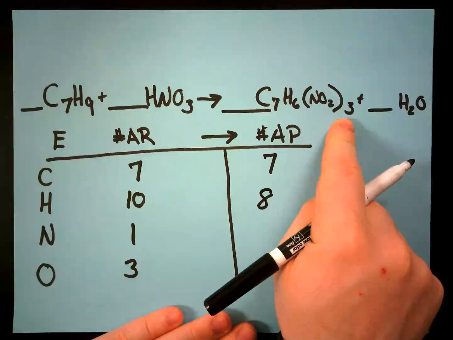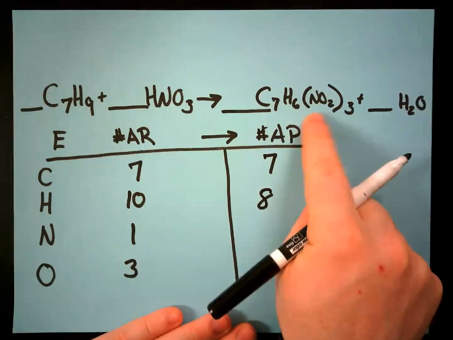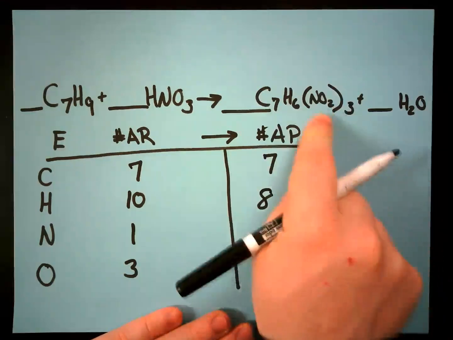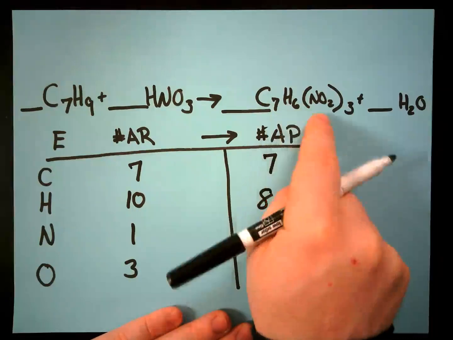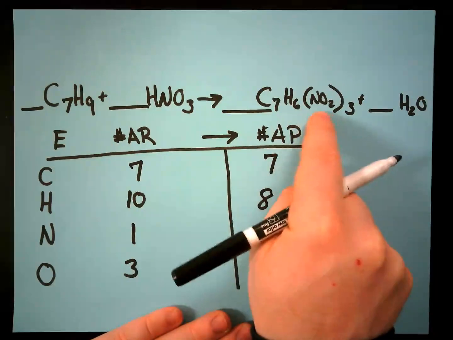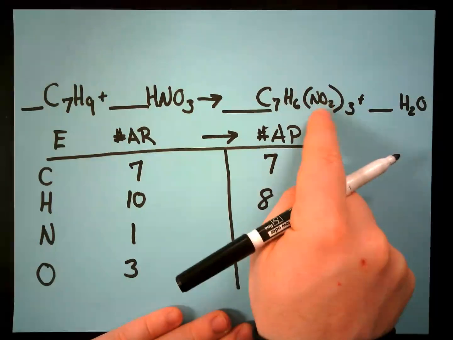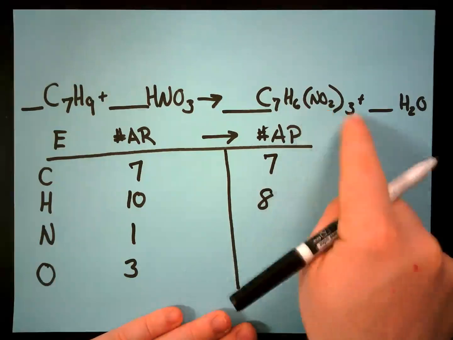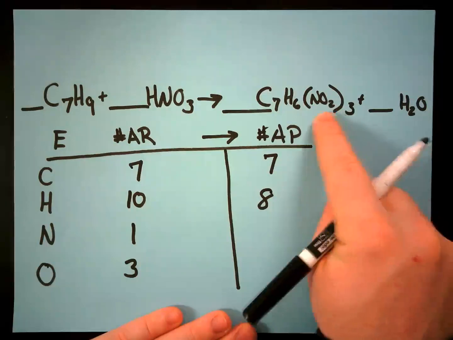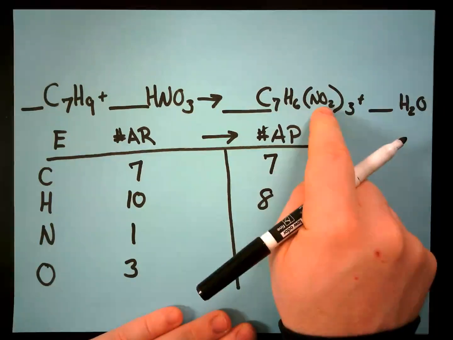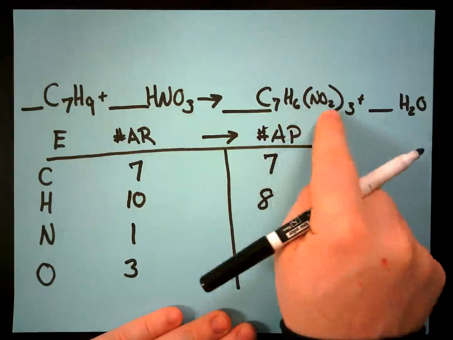And then this is where it gets tricky. Within this whole compound here, not only do I have to work with this guy, I also have 3 whole formula units. I've got 3 whole molecules of NO2, of nitrite. So we're going to factor in that 3 into the O2 and also the nitrogen.